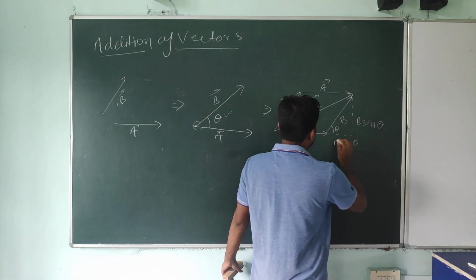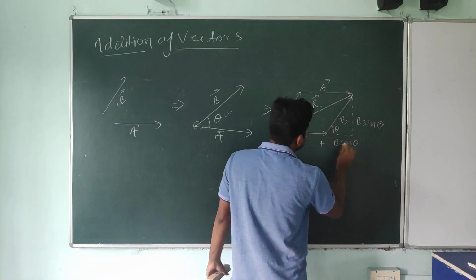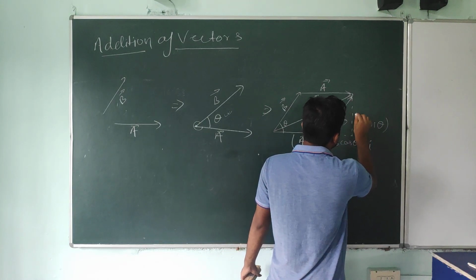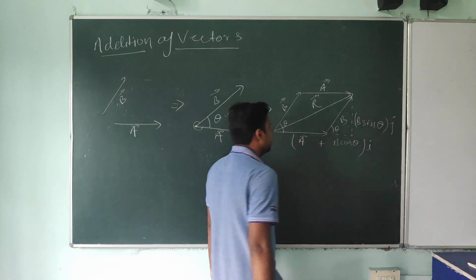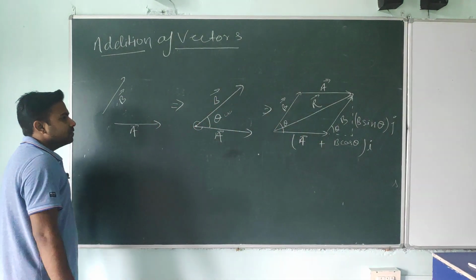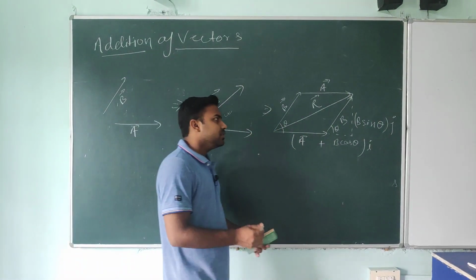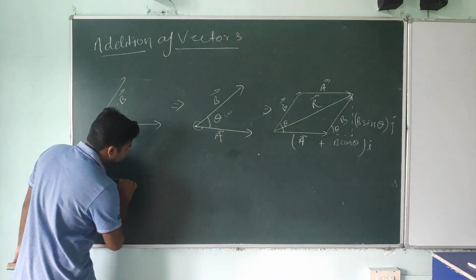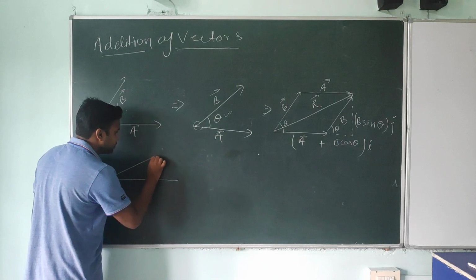This is along the i axis, the i cap direction, and this one is along j cap. Now students, here is the resultant vector. How will you get it? I am drawing the magnitude triangle.